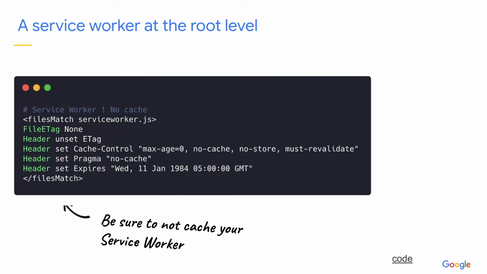Another important thing with the service worker is to be sure that your service worker is not cached. I mentioned that the service worker will have some rules to route requests and do really cool stuff that we will see together. But the important thing is you don't want your service worker to be cached on the client side. So here, for example, with Apache, I put no-cache, max-age=0 on that.